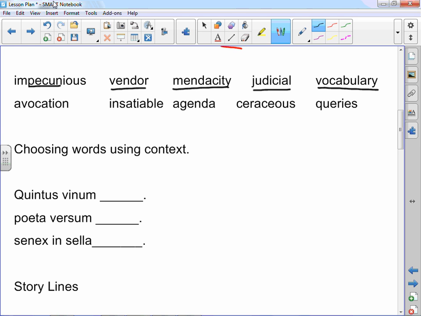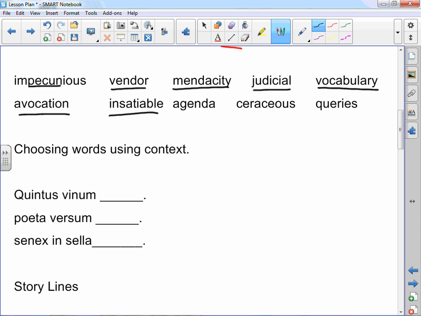Avocation from voco, which is to call. A means away from. Our avocation is when we are called away from our vocation. Our vocation is what we do for our job, and avocation would be our side interest or our hobby. Insatiable, coming from satis, which is enough. Insatiable means that it's never enough, so you can't ever fill it.